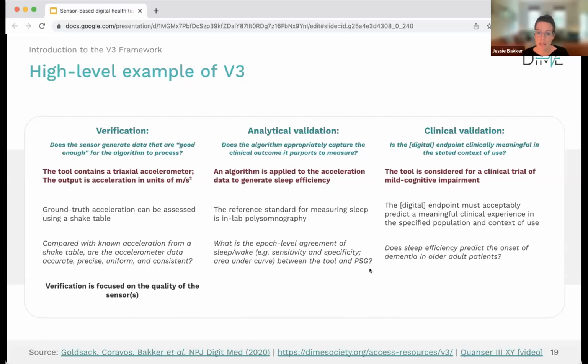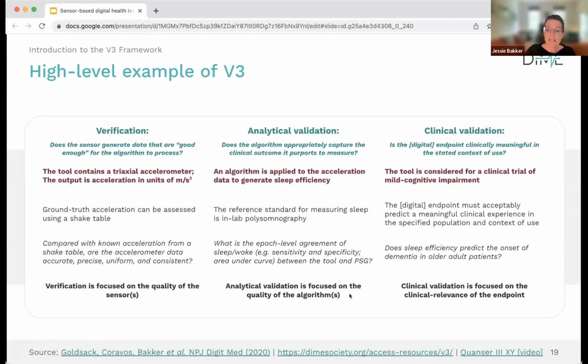So they might be interested in the question, does sleep efficiency predict the onset of dementia in older adult patients, for example? So verification is focused on the quality of the sensors. Analytical validation is focused on the quality of the algorithms. And finally, clinical validation is focused on the clinical relevance or meaningfulness of the endpoint.